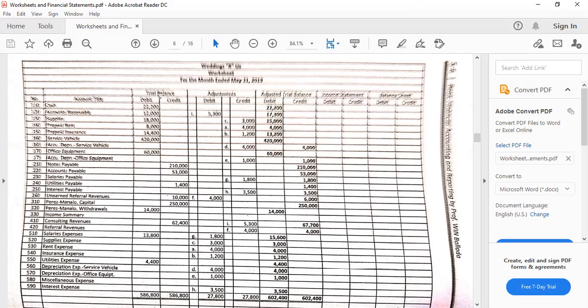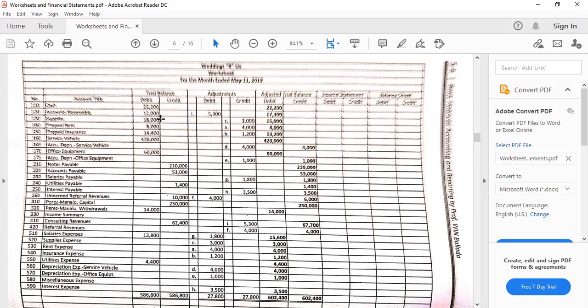So if there are no adjustments, we simply carry forward the balances from the unadjusted trial balance to the adjusted trial balance. That's why, remember, we copied, right? Then here also we copied this amount, unless there is an adjustment, of course.